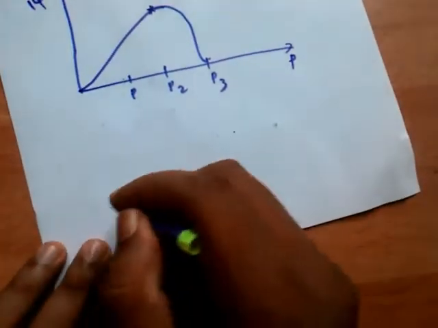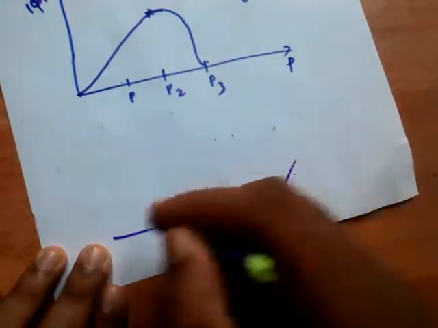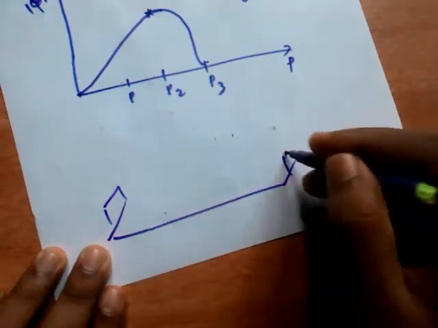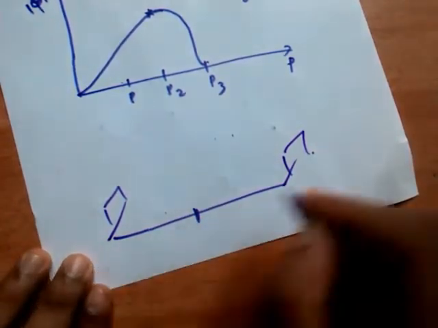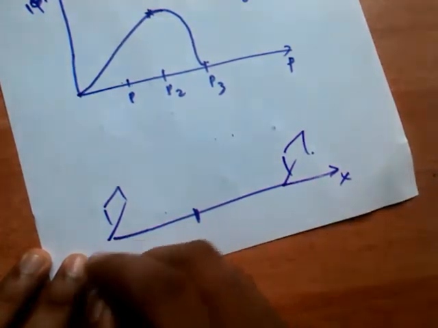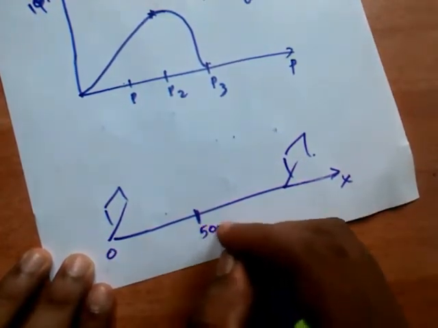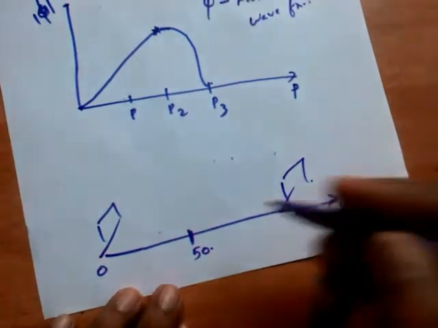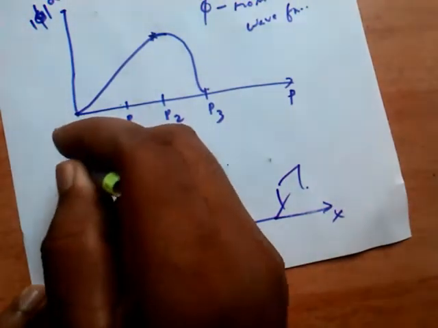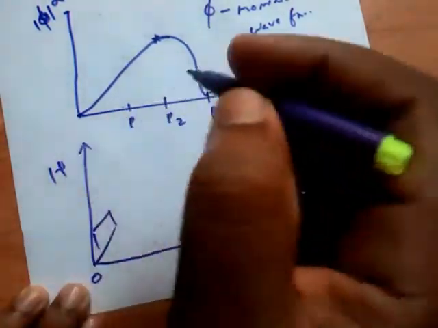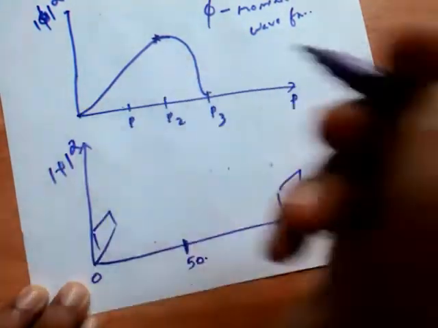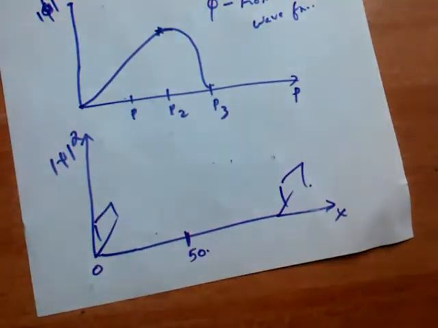Then consider a midfielder in a football ground. This is a football ground, this is the middle portion, and this x-axis is 0 to around 50 meter. I'm drawing an axis. The probability of his position, I'm denoting it as mod psi square.